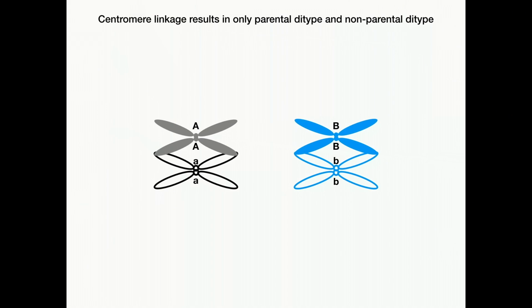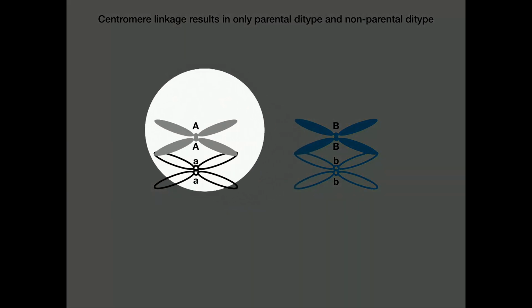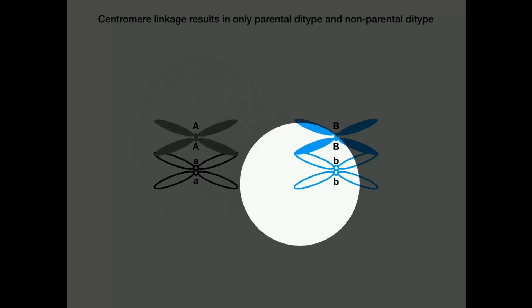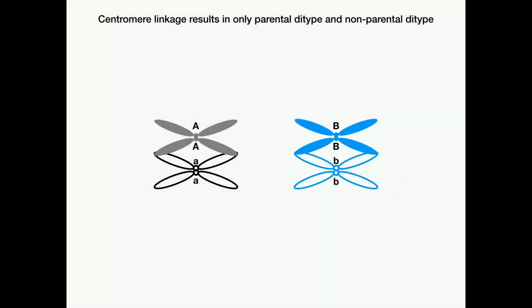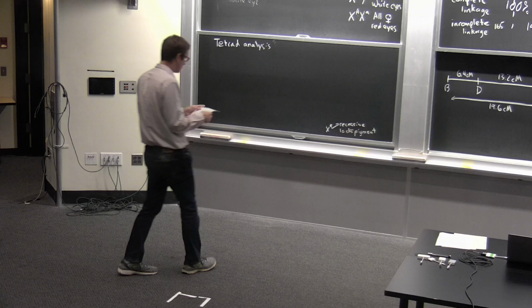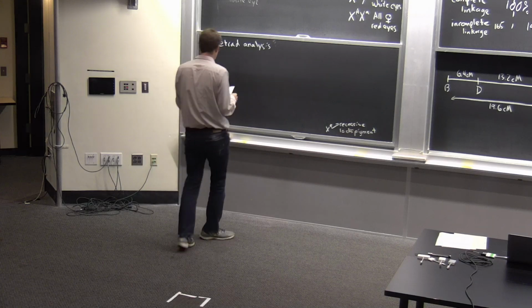So you could have genes like A and B here that are present on the chromosomes and present very near the centromere of those chromosomes, okay? So they could be right on top of the centromere, okay?